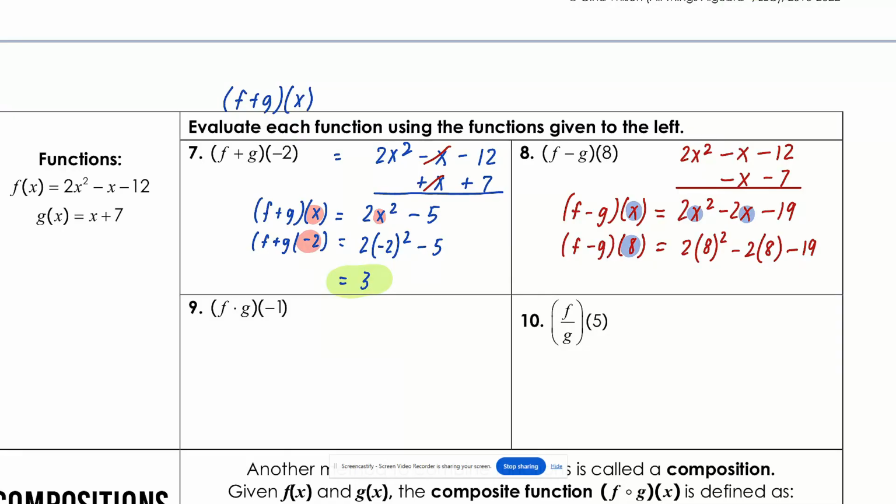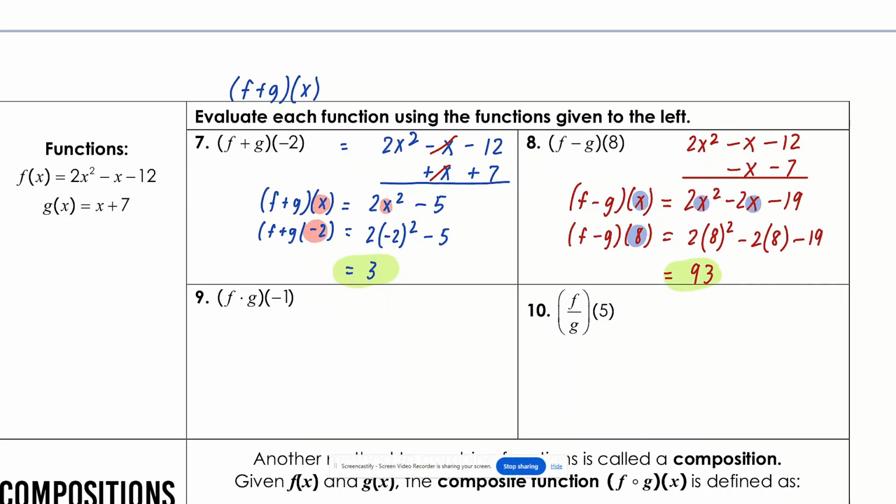And I'm just going to type that in just like you see it in my normal yellow calculator. You could use Desmos too if you happen to have grabbed a Chromebook, but you don't need your Chromebook actually. No, close it. You don't need it. So go 2 times 8 squared minus 2 times 8 minus 19, and that answer is 93. So therefore, f minus g of 8 is 93.